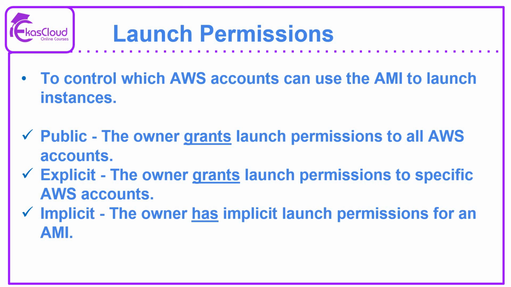So it would specify the username and the people that the owner wants to make use of a particular AMI. And the implicit launch permission is where the owner has the launch permission because you are the owner. So it is implied that you will have permission to launch a particular AMI.